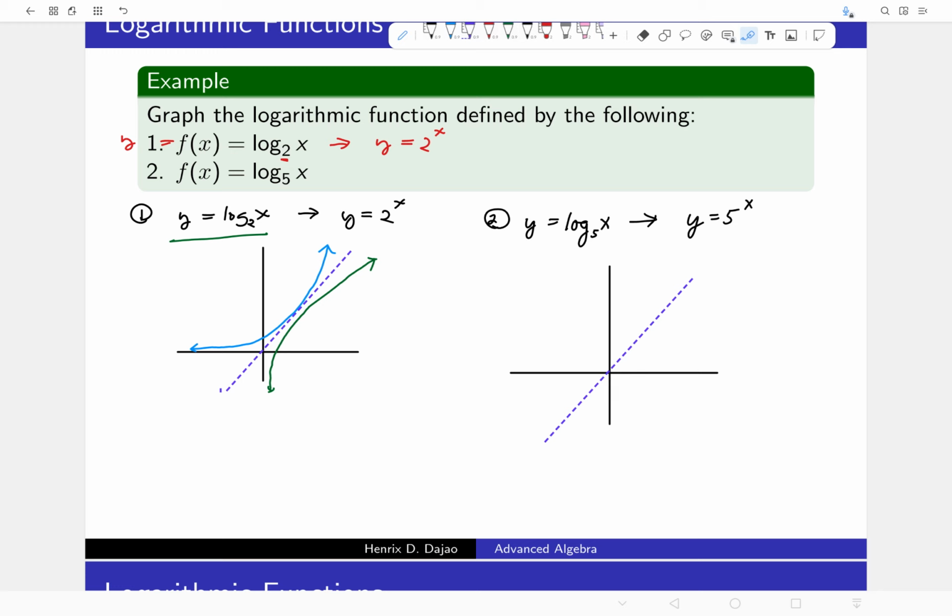A little bit steeper. If you can still remember how to graph the exponential. So anyway, this is just a rough sketch. So meaning the graph of this function defined by this is a reflection of that blue curve. So it's not perfect.